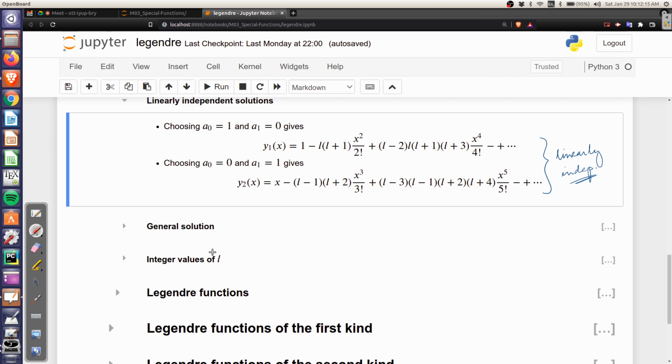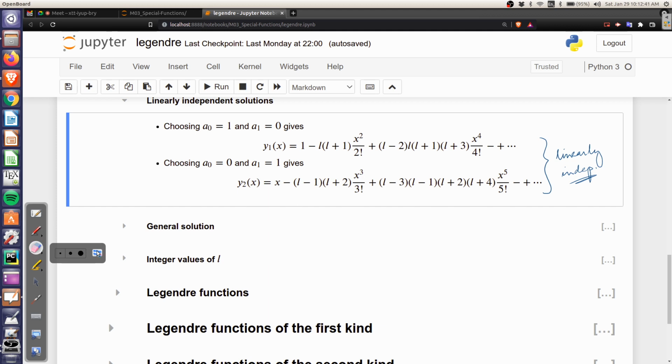You can see y1 has only even powers, y2 has only odd powers. No matter what constant you multiply with y1, there is no way you can get y2. Likewise for y2, you can multiply as many constants as you want, but you can never get y1. So they are linearly independent.